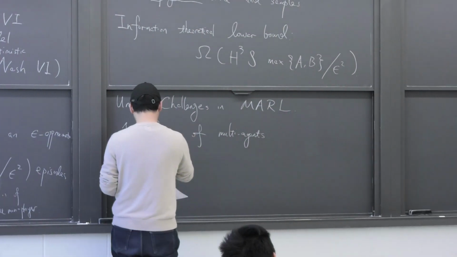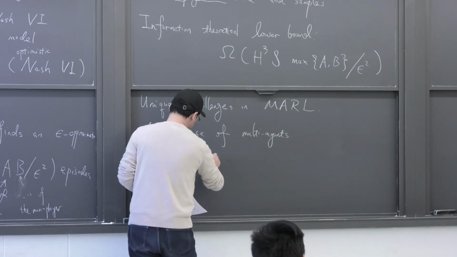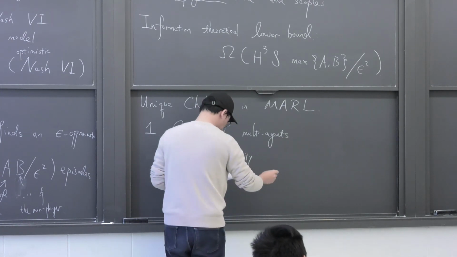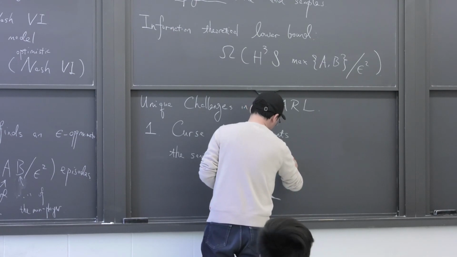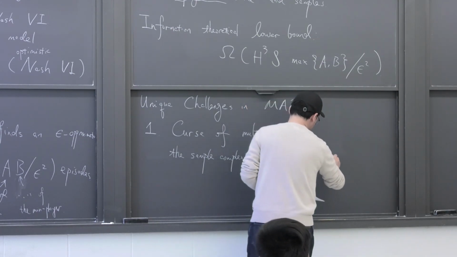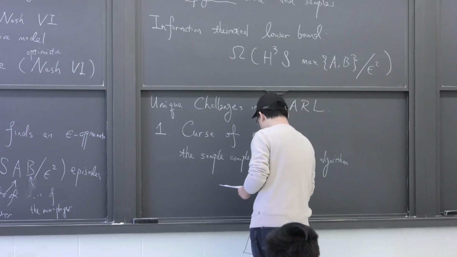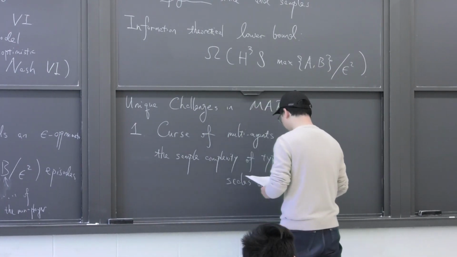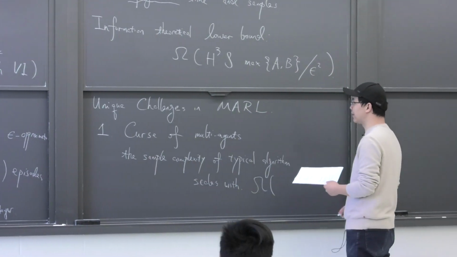The sample complexity scales with something like the product of the number of actions. Okay. We already showed this for the two-player scenario.